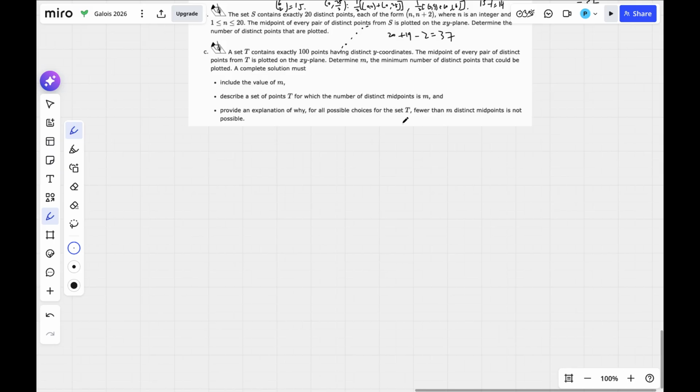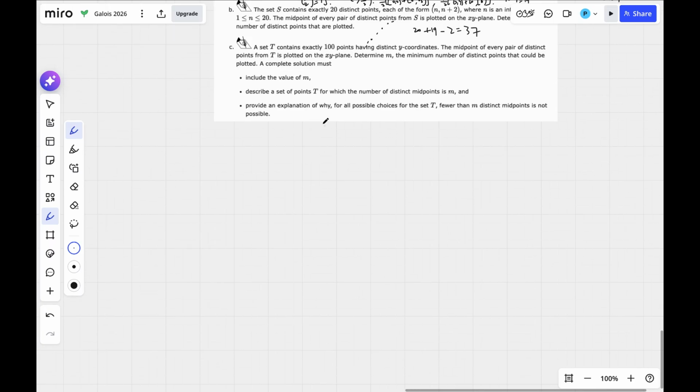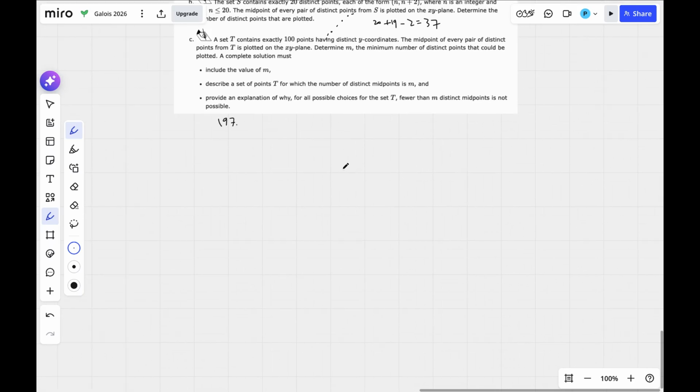Finally, for C, a set T contains exactly 100 points having distinct y-coordinates. The midpoint of every pair of distinct points from T is plotted on the xy plane. Determine M, the minimum number of distinct points that could be plotted. So first, we claim that the answer is 197, and we will give a construction.